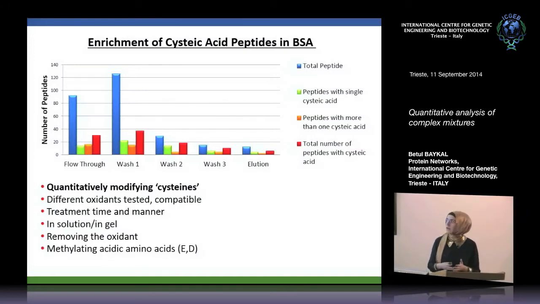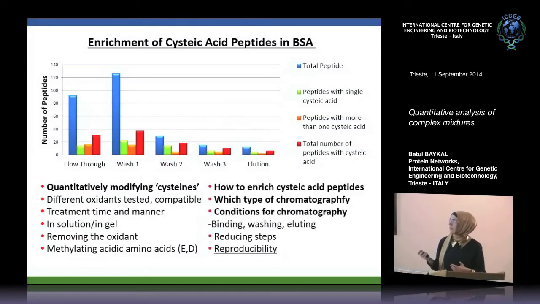So I had to figure out what kind of chemical I can use to oxidize them in a short time. So we used different oxidants, and they also should be compatible with the MS. And we had to decide whether it should be in solution or in gel. But the most important thing was how to enrich the cysteic acid peptides, what kind of chromatography it should be, and what the conditions for the chromatography are.